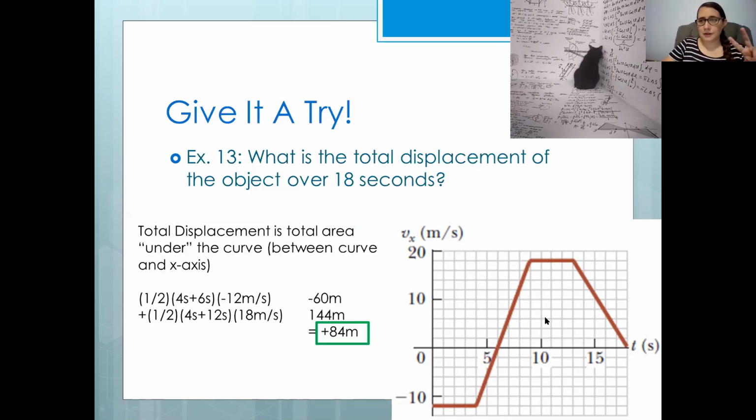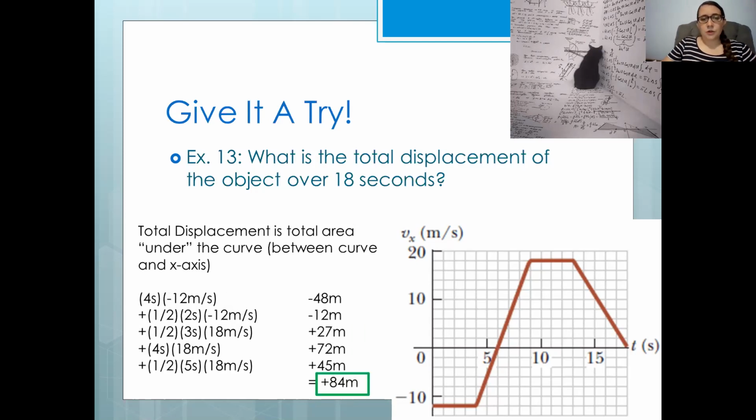And I went through two different ways to do it. The first way is by breaking it down into two trapezoids, in which case we have an area of negative 60 and an area of positive 144, and add those together to get a total area or total displacement of positive 84 meters. You could also break it down a different way into rectangles and triangles, but we end up with the same result. Positive 84 meters is our displacement.